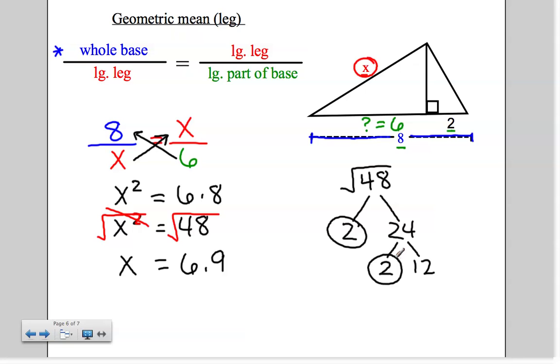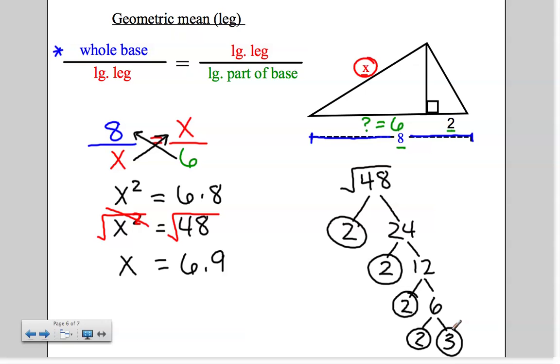Once again, 2 is a prime number, so I'll circle it. 12 I can break down to 2 times 6. Whoops, circled the wrong number. And 6 I can break down to 2 times 3.